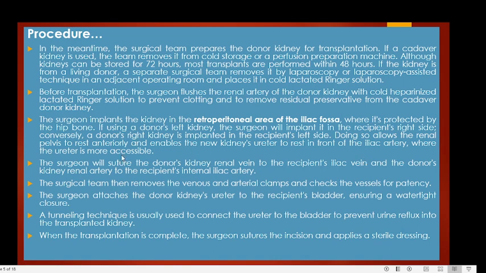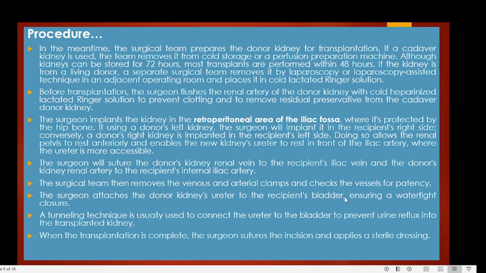The surgical team then removes the venous and the arterial clamps and checks the vessels for patency. Thereafter, the surgeon attaches the donor kidney's ureter to the recipient's bladder. Remember, the recipient's bladder has no problem, so it's still intact and still has to be used.